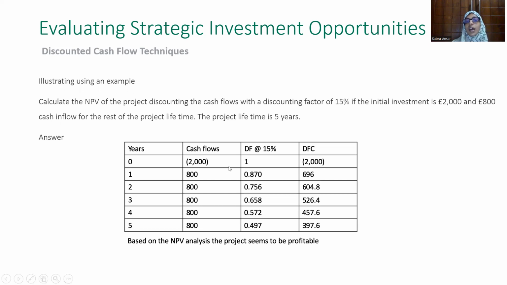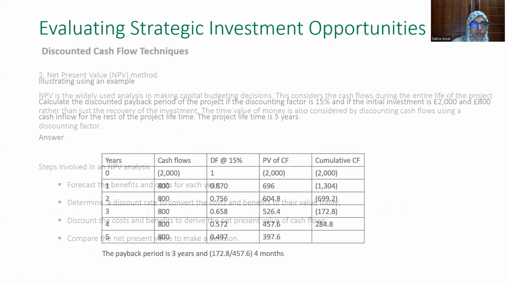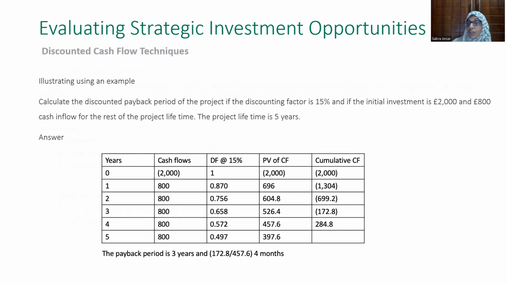Now, can you remember what we did for discounted payback? Let me move on to try and understand that. It is the same sum, as you can see. The initial investment was 2,000, and the yearly cash inflow was 800.